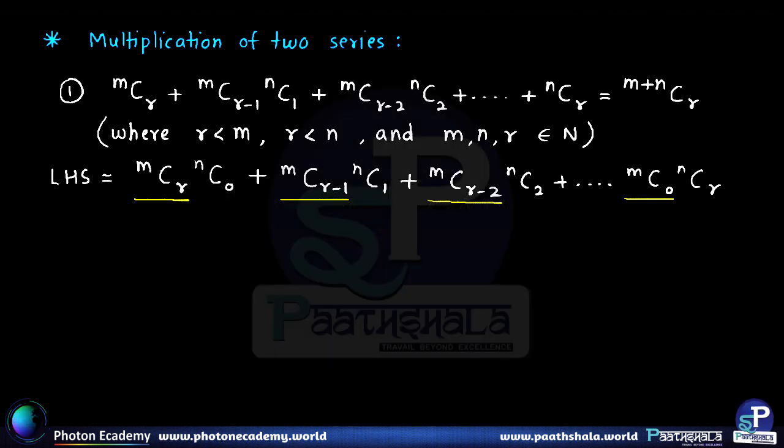Similarly, if we see the second factor, it is having N on the top, and the lower number now increases from 0, 1, 2 up to finally R.